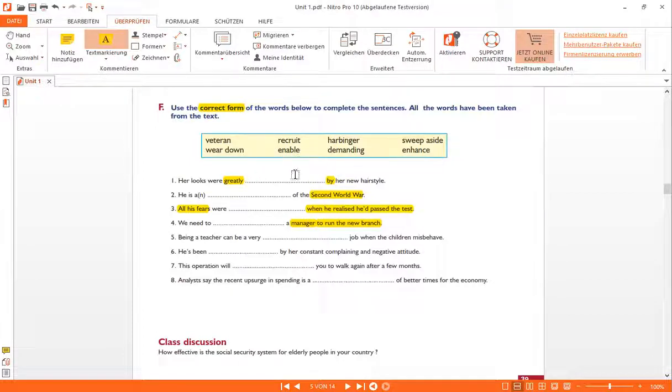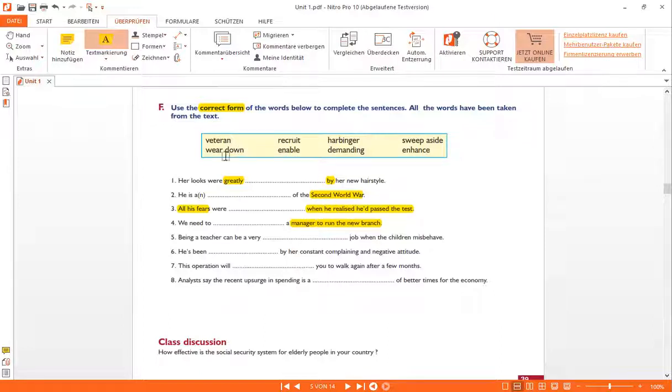So in this case, the past participle adjective. So we're going to look for verbs that we can turn into the past participle. This is the passive. So you're going to look for a verb that you can transform into the passive.